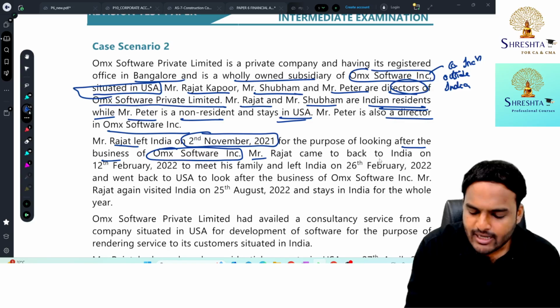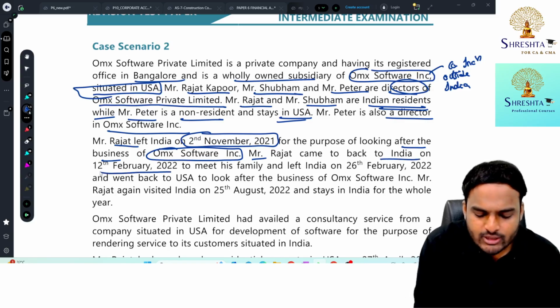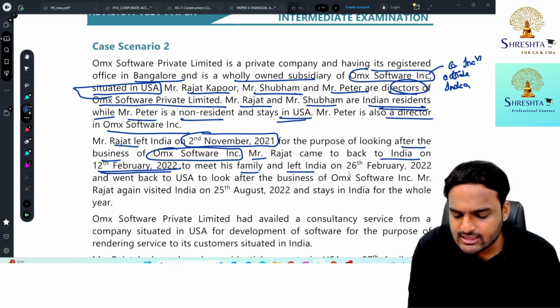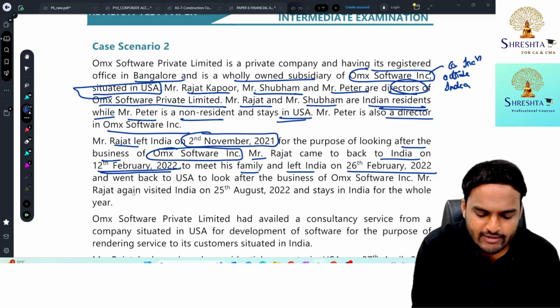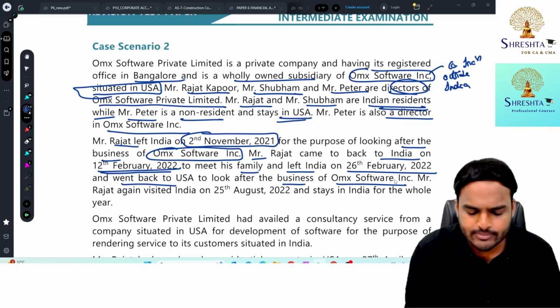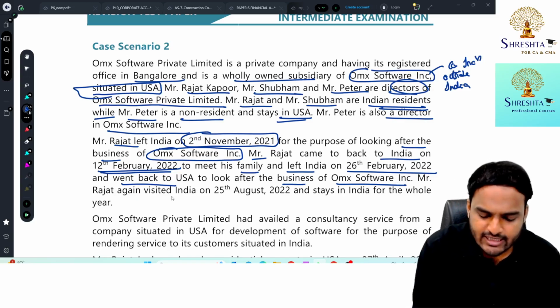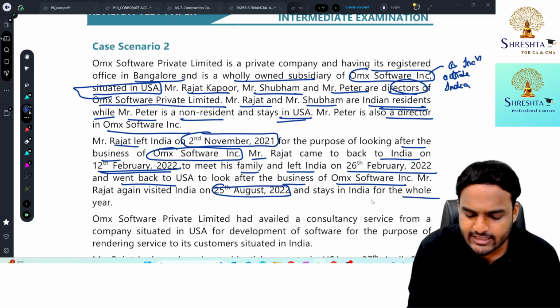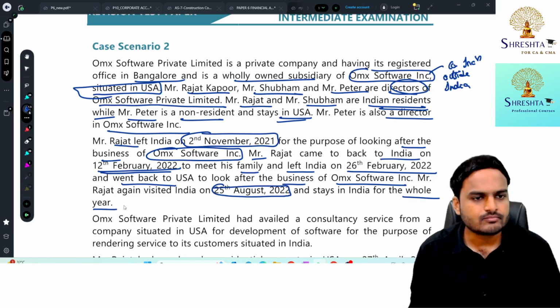Mr. Rajat came back to India on 12th February 2022 to meet his family and left India on 26th February 2022 and went back to USA to look after the business of OMX Software Incorporation. Mr. Rajat once again visited India on 25th August 2022 and stays in India for the whole year.